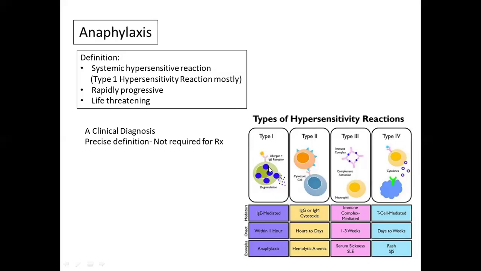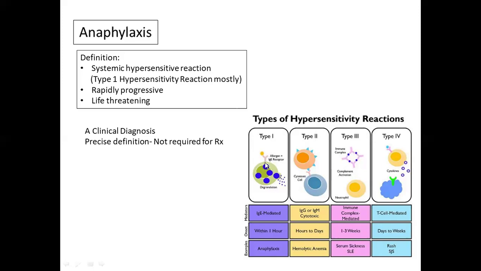This allergen sensitizes the mast cells with IgE. And when the same allergen is introduced to the body a second time, there will be IgE sensitized mast cell and allergen reactivity, causing a massive mast cell degranulation, right? So that is what happens in anaphylaxis pathophysiologically.